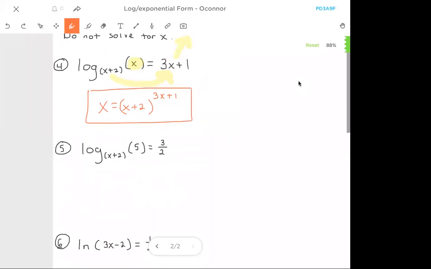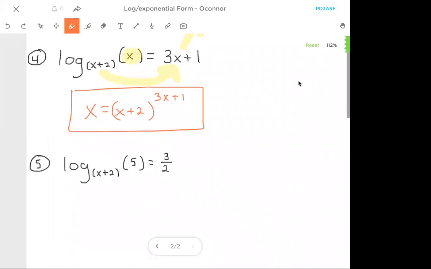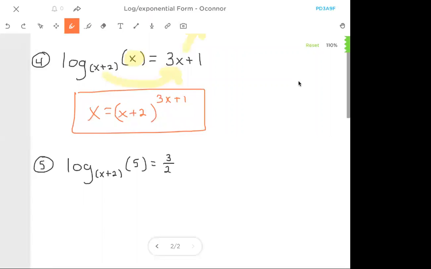And I'm going to follow the same pattern for the next one. The 5 stays, the x plus 2 moves over, and the 3/2 becomes our exponent. So we get 5 equals x plus 2 to the 3/2.